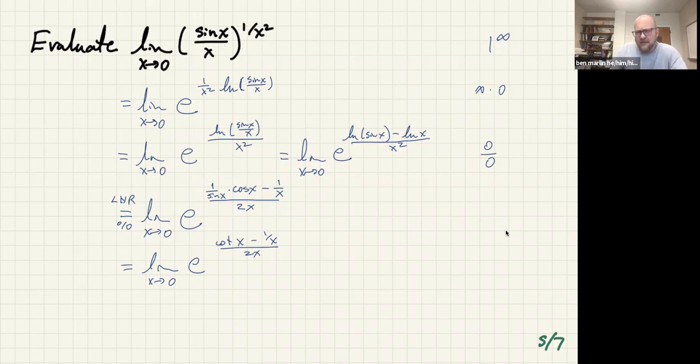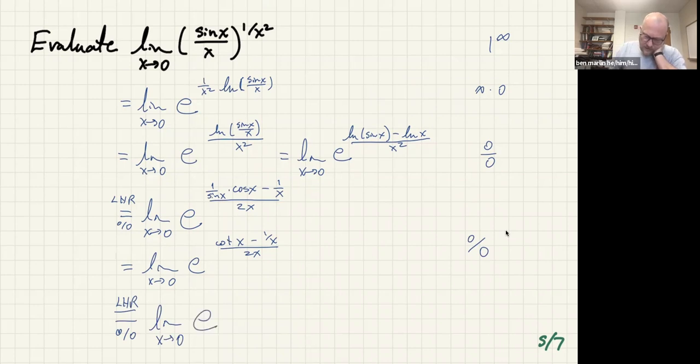The cotangent x minus 1 over x, oh gosh, that's still infinity minus infinity, isn't it? Oh. Okay. So I'm going to hope that what we've got there on the top is 0. And the thing that's on the bottom is definitely 0. I'm going to try L'Hopital's rule again with the 0 over 0 case, and let's see what happens.